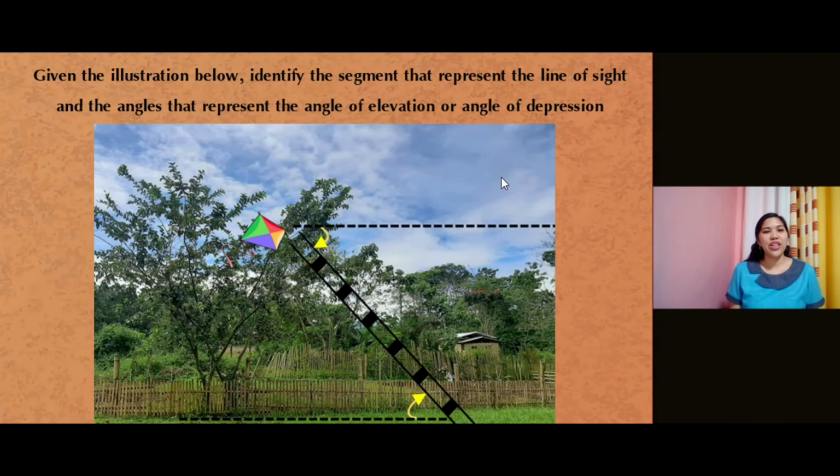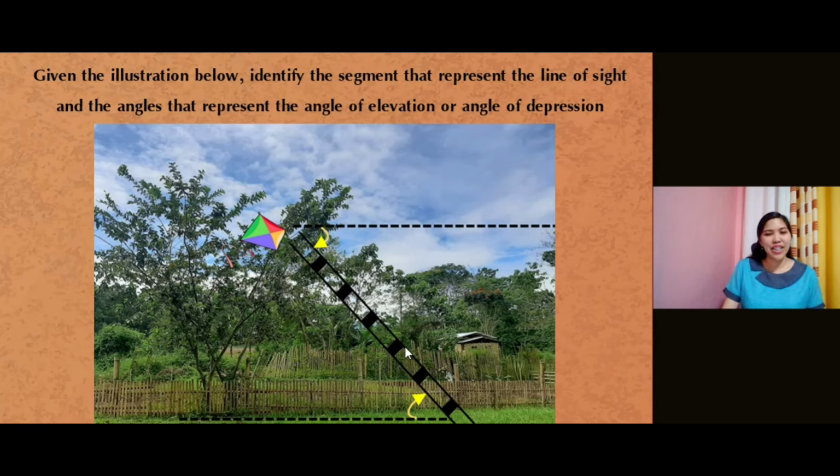Given the illustration below, identify the segment that represents the line of sight and the angles of elevation or depression. Try to consider this picture. I know you're familiar with this because this is taken in your Gulayan ng Paaralan.